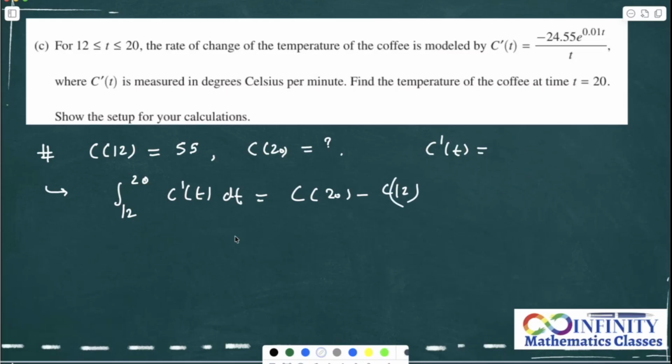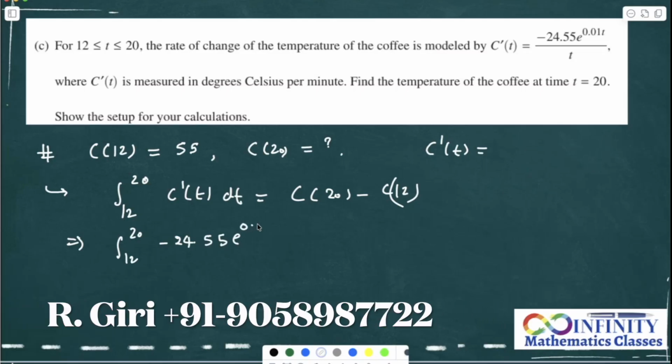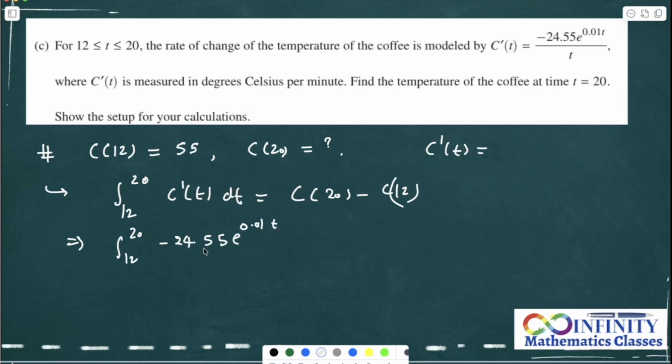So just try to substitute the values and integrate. You can use your calculator to get the answers. It is negative 24.55 e exponent 0.01t divided by t dt. This is C(20) minus C(12), and C(12) was how much? 55.